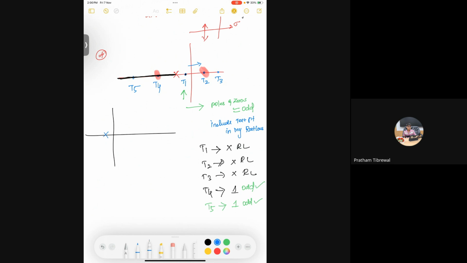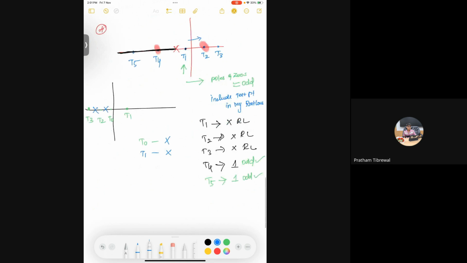Now we'll say T1, T3, T2, T0. Start with T0. Nothing to its right, zero, so no. T1, no. T2, one pole, odd, so it will come.